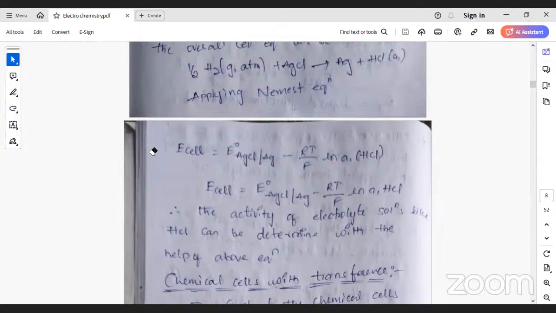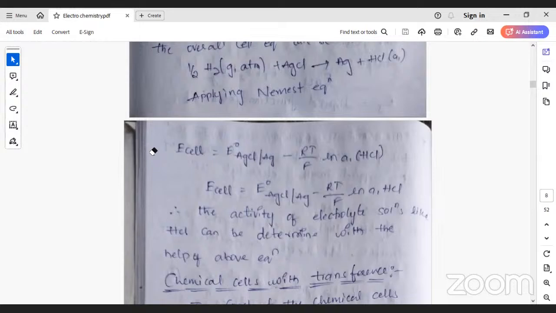After that, the Nernst equation derivation. The Nernst equation is applied to various concepts like chemical cells and concentration cells. The chemical cells again with transference and without transference, and concentration cells also with transference and without transference, right?